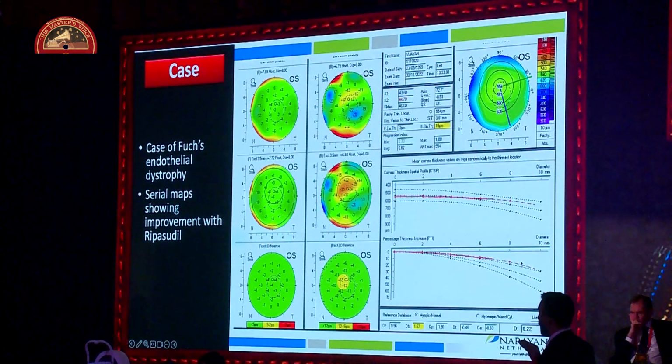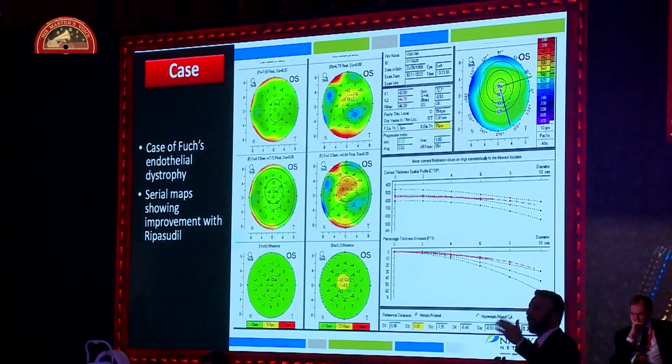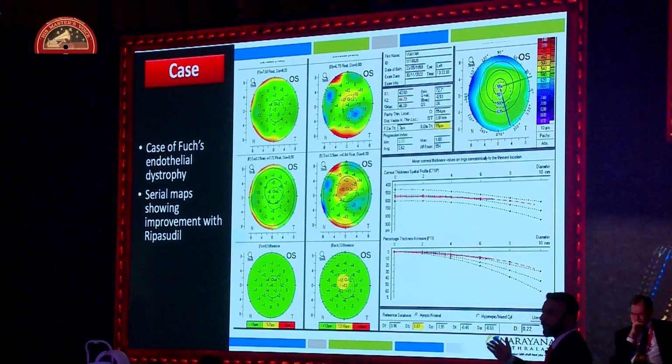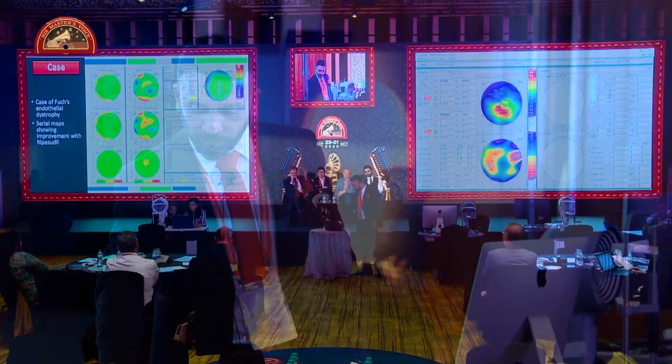That means the corneal thickness in the center, which is usually less than the periphery, is actually matching up with the periphery and increasing, which is typical of a decompensating cornea. Hence, when you have a decompensating cornea, the test I love to do is Pentacam, not just specular microscopy.